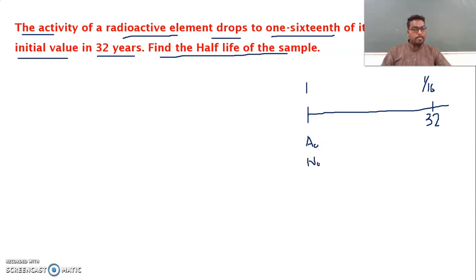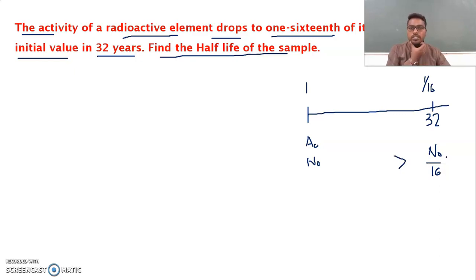Then exactly at 32 years, the amount of radioactive substance is N naught divided by 16. That is, the amount is decreased.